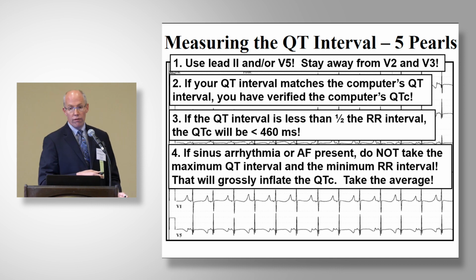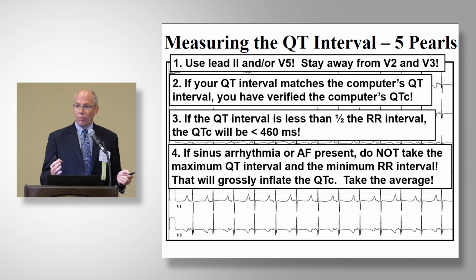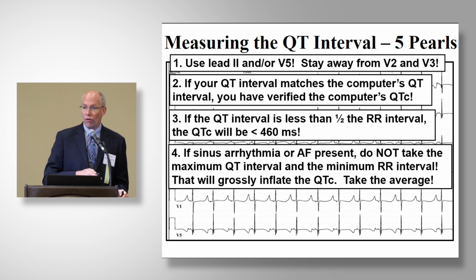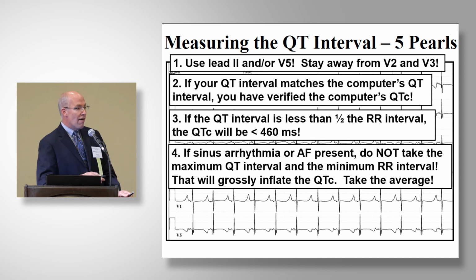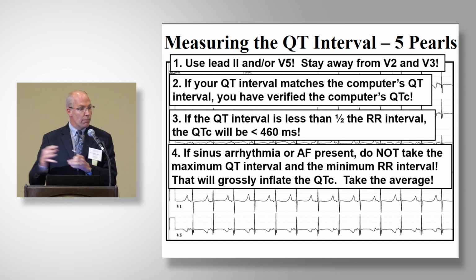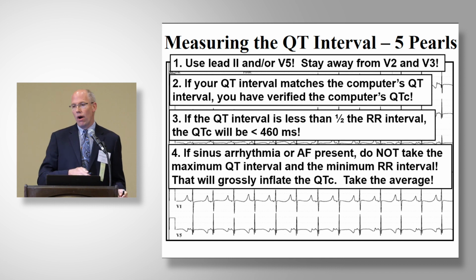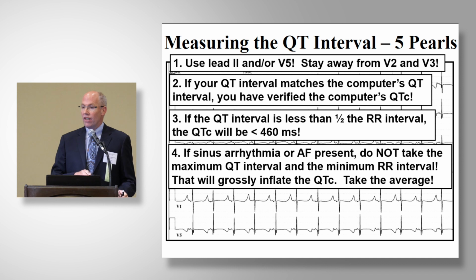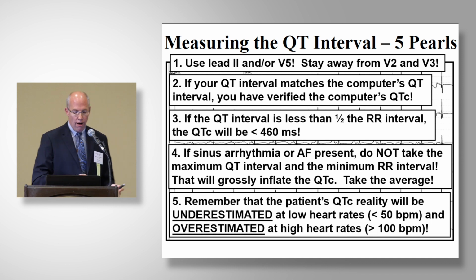The other thing you have going for you is if there's atrial fibrillation or a lot of sinus arrhythmia present, they don't have congenital long QT syndrome, because those two entities almost never coexist. So you're mostly doing this for the purpose of adult medicine because you're about to add a QT prolonging drug to their therapy and you need some sort of baseline as to whether that person is going to be having a QT reaction to the drug or not.